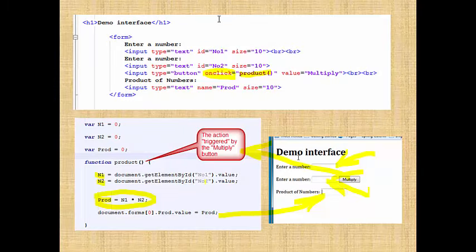And if you'll look at this particular line, it says get element by ID. The ID is number 1, which is this, which was this. And it says get the ID number 1, but because it says dot value, that means grab the value that's in the box, whether it's a 10, a 25, whatever, and assign that value to N1.